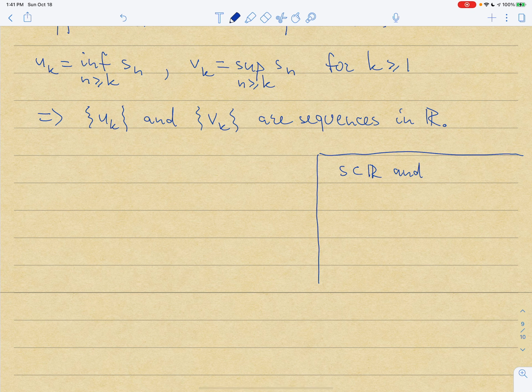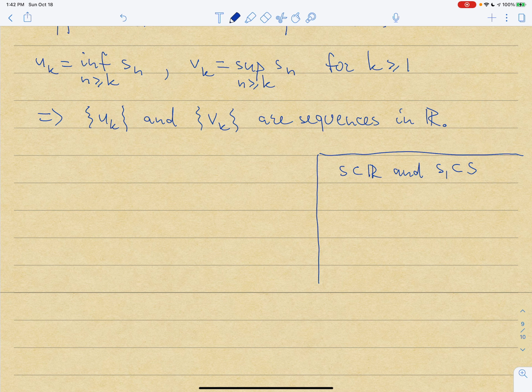And I have the set S1, and S1 is a subset of S. Right, so all elements, all real numbers in S1 are also contained in S, but not vice versa.